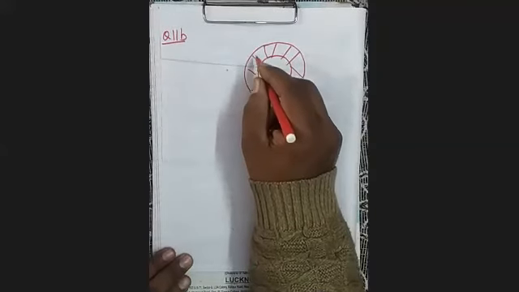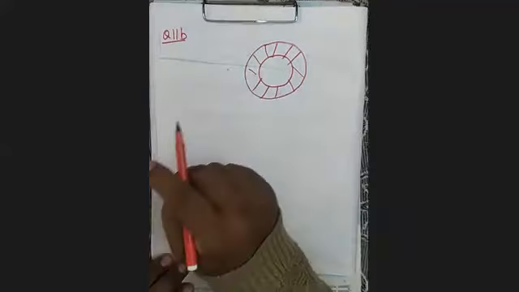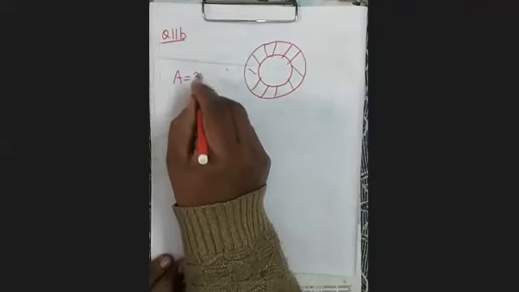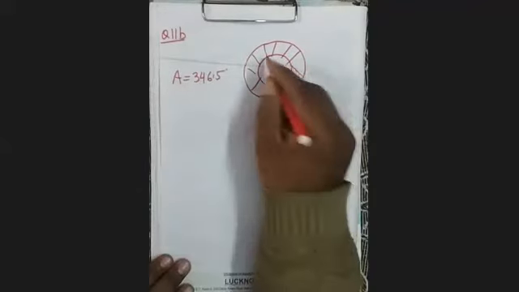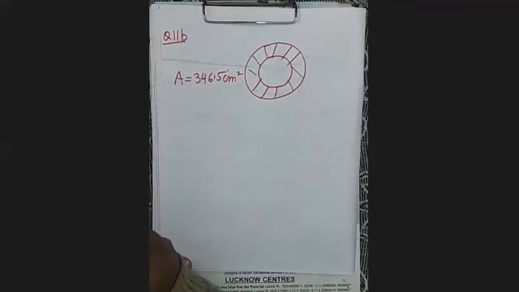Now see here, in the given figure, area included between the circumference of two concentric circles is this. Means area is given 346.5. This area is given this 346.5 centimeter square.